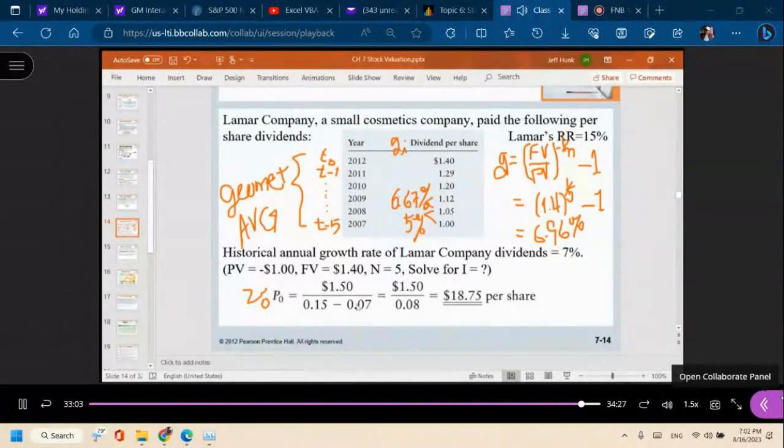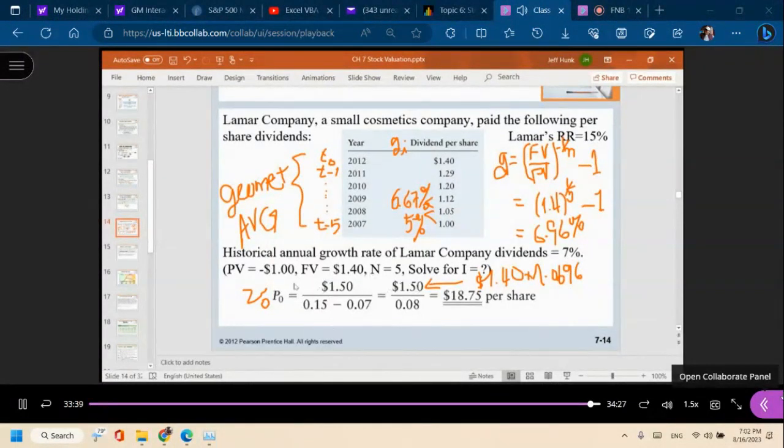So then V0, the stock price. How do we know the dividend is $1.50? How did you get to $1.50? Because $1.40 is the dividend at time t, so multiplied by 1.0696, or 1.07, you will get $1.50.